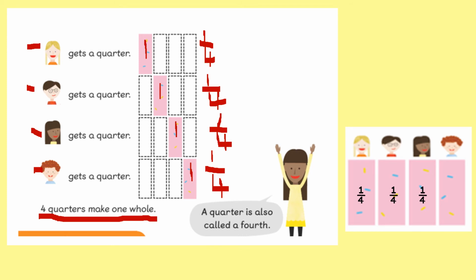Then the young lady here with the brown hair, she gets 1/4, 1 piece out of the 4 pieces. And then the young boy here with the ginger hair, he gets 1/4, 1 piece out of 4. And if we put those 1, 2, 3, 4 quarters back together, we'd have a whole cake. You can see here, if we added our 4 quarters, our 4 pieces together, we'd get a whole.